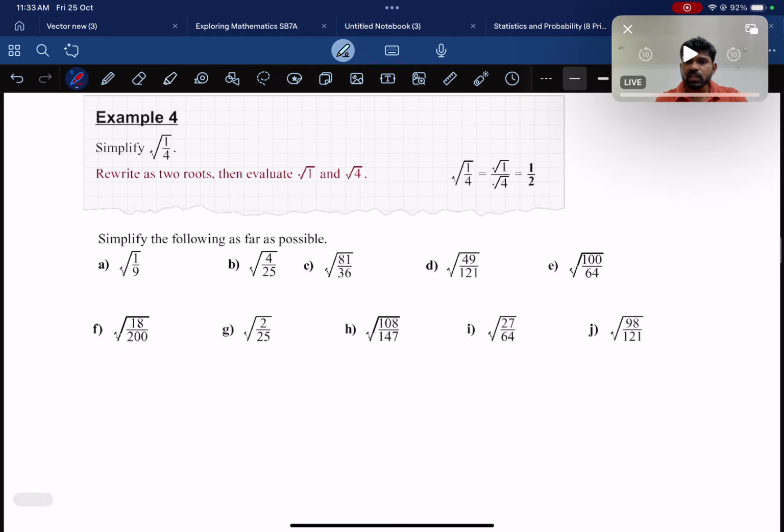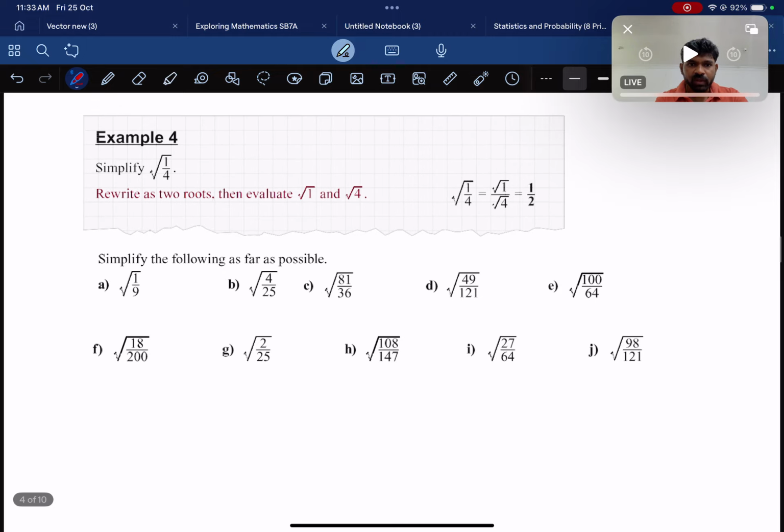This is the rule which is similar to the division rule. For example, we have root of 1 by 4, written in one root, and we have to write it separately as root of 1 and root of 4. Previously we wrote separate roots under the same root, but here, whatever is given in the same root, we write in different roots.